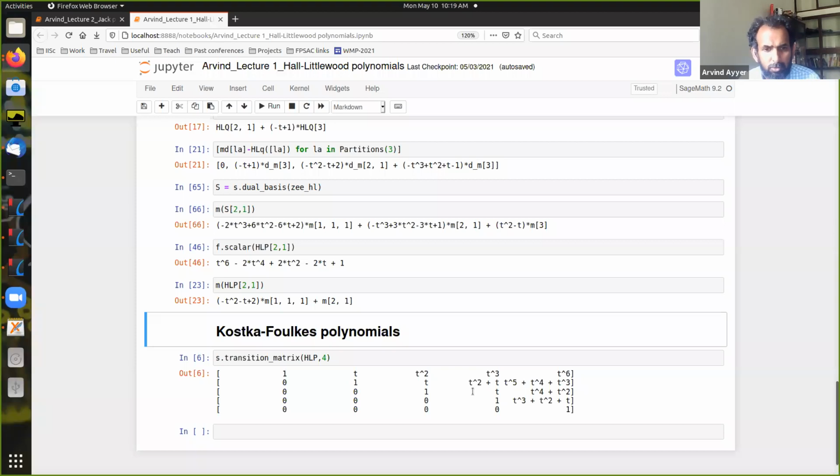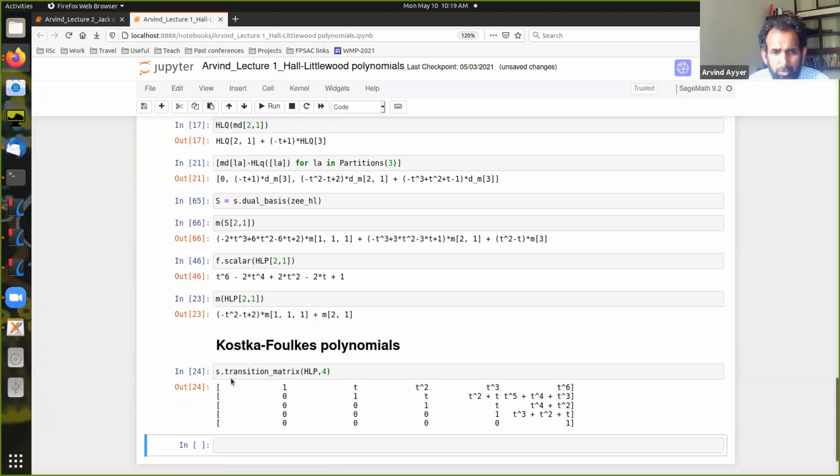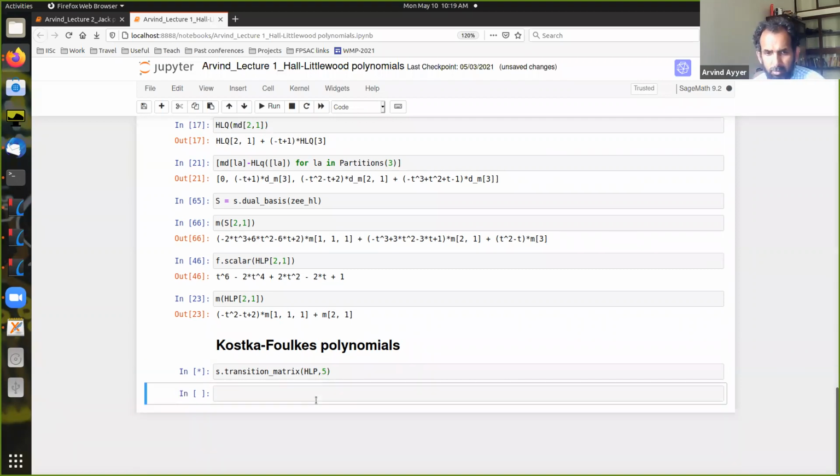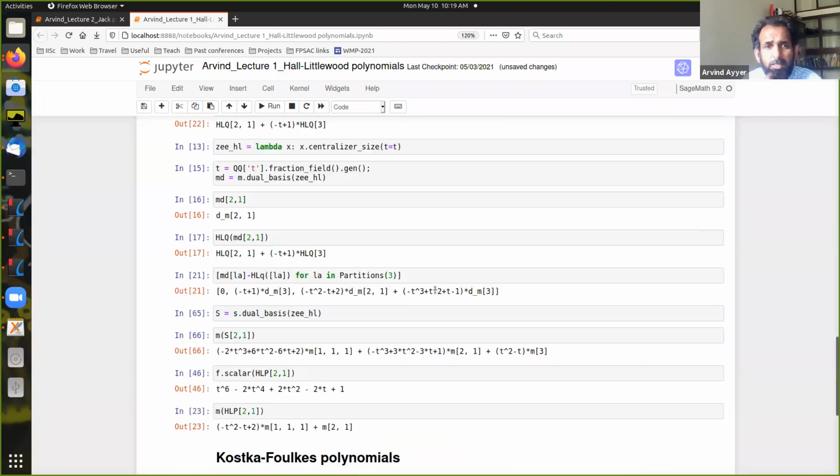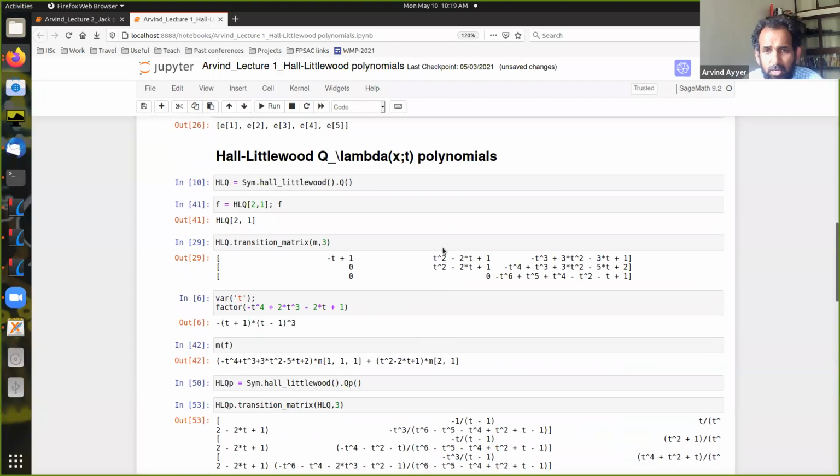So let me show you. Here is the expansion of Schurs in terms of the Hall-Littlewoods, and you will see that these have non-negative integer coefficients. Okay. So remember when we went the other way, you have all kinds of signs.